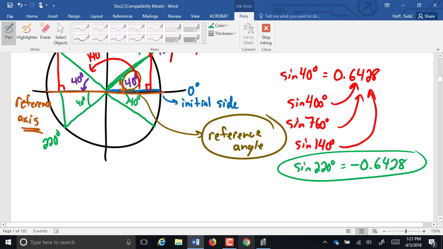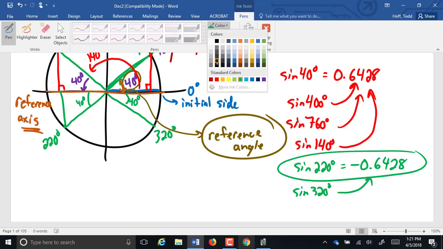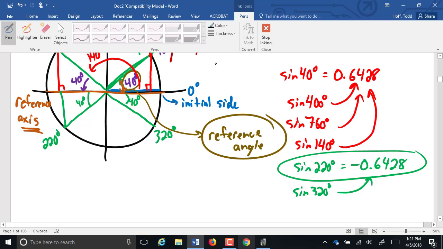What would that angle be? 320. How'd you get 320? Yeah, 40 degrees away from 360. The 220 was 40 degrees away from 180. And of course, the sine of 320 is also negative 0.6428. Yeah, you can really see it right off the graph.